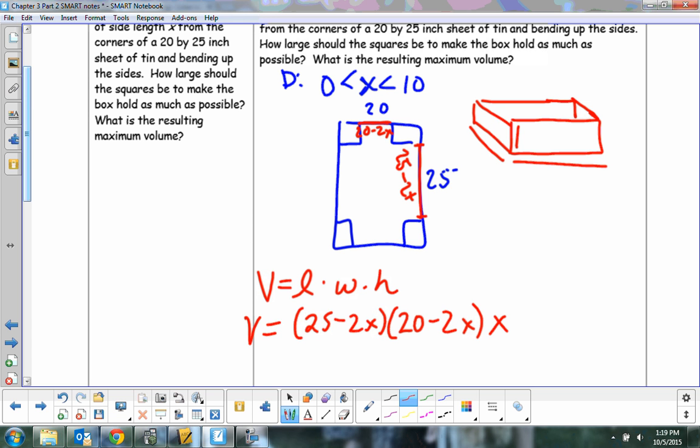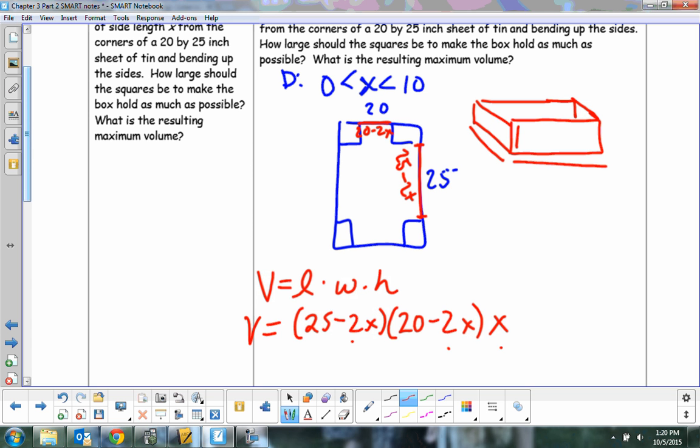I'm trying to find the maximum or minimum, what do I want to do to this equation? Not graph it. Well, we're using calculus, so we're going to derive it. Do you want to do a product rule with three things? No. Neither do I. So what would be a smart move? Okay, distribute it all together. Get your equation.